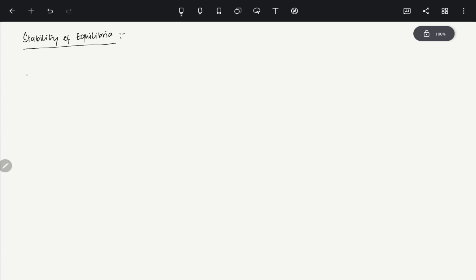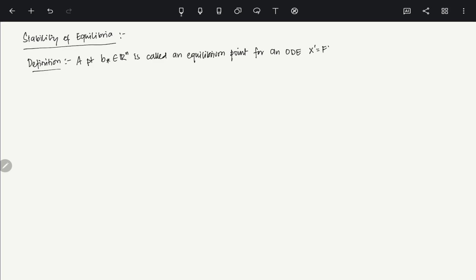So this definition is of something called an equilibrium point or a critical point. It says that a point x star in R^n is called an equilibrium point for an ODE, x prime equals f of x, if f of x star is going to be 0.